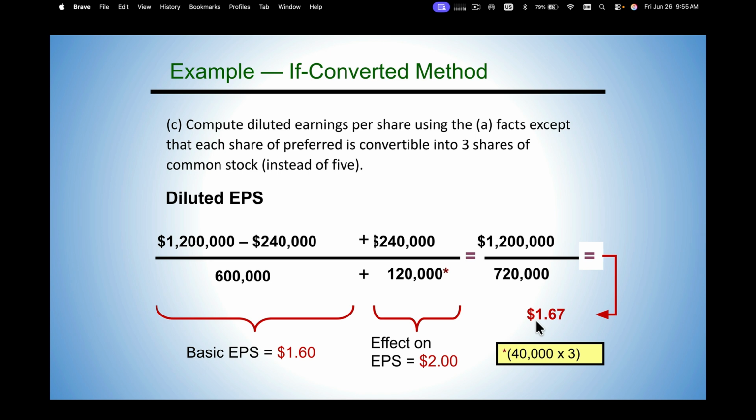If this is the only convertible security, for example, if we didn't have the stock options, we would only report basic earnings per share of $1.60 because it's anti-dilutive. That conversion rate is anti-dilutive, and we always want to be conservative here and report it as $1.60.